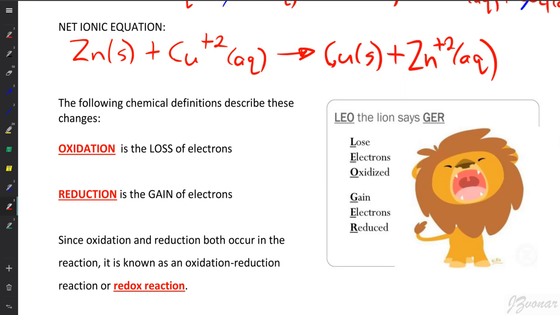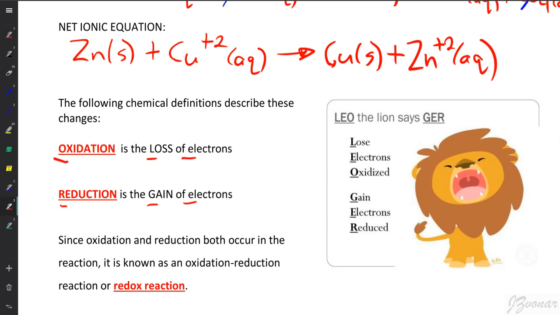Loss of electrons is oxidation, and gain of electrons is reduction. Oxidation is the loss of electrons, reduction is the gain of electrons. In these types of reactions, you can't have one without the other. Both of them need to occur. Hence, it is known as an oxidation reduction reaction, or in short form, a redox reaction.